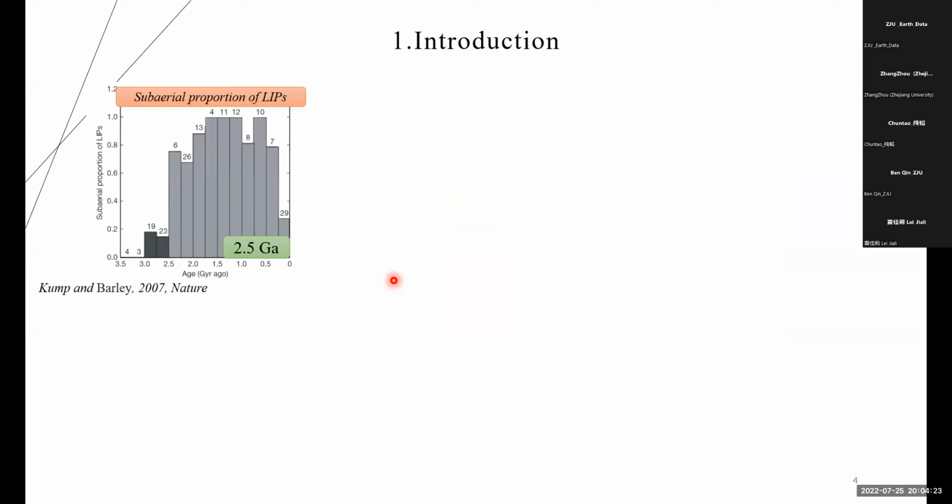So, in recent decades, geologists around the world have tried to explore the timing of emergence of sub-area land masses in history. For example, Tom and Barry used the area proportion of rocks to constrain the major sub-area continents rising above sea level at about 2.5 billion years ago.